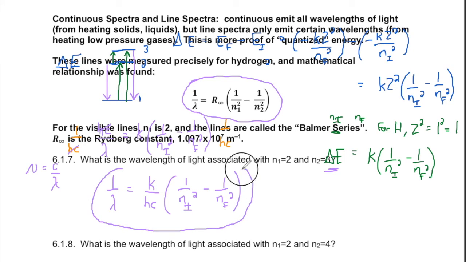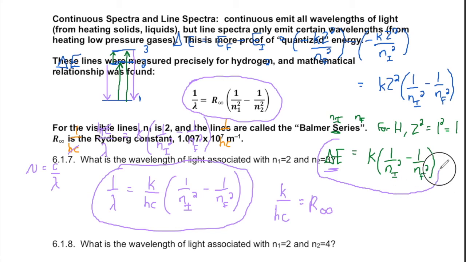It is very similar if k over hc is equal to the Rydberg constant, which for hydrogen it is. So I just wanted to take a look at how all these different equations and formulas are related here.